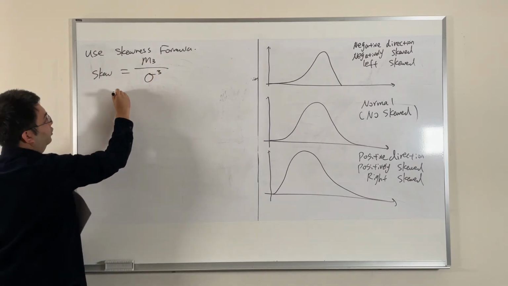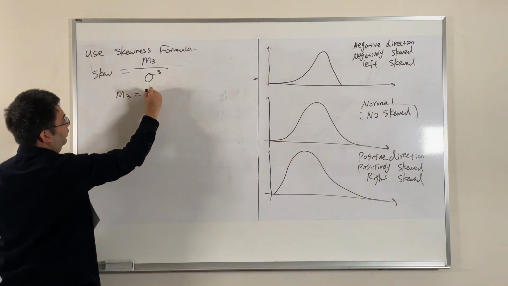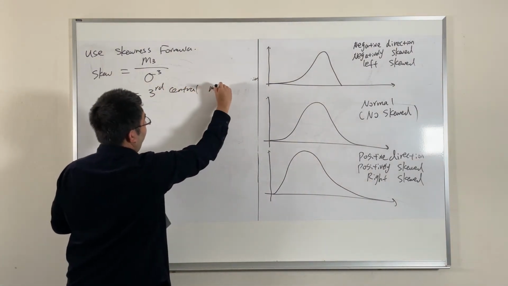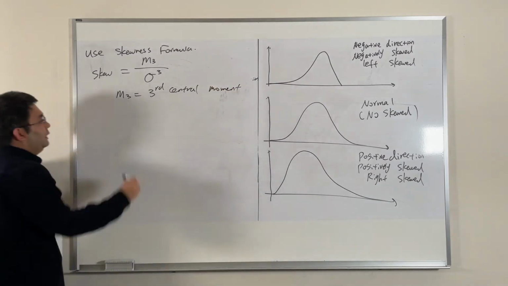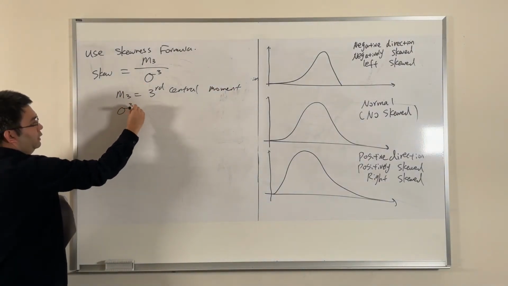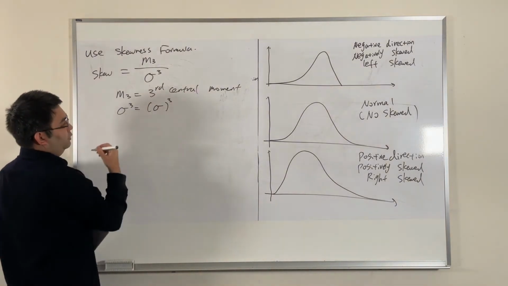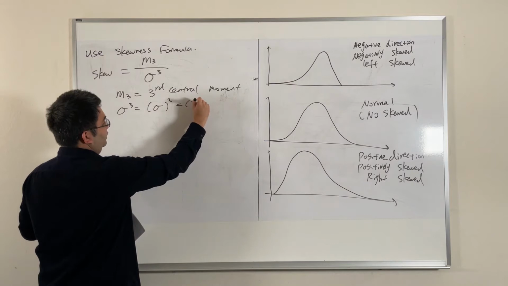M3 is our third central moment, and sigma cubed is just the standard deviation, and then you cube the value.